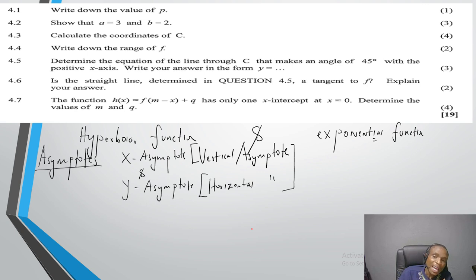But when you look at the exponential function and the log function, they have got only one asymptote, and that is the asymptote of y. So the exponential function has got the y asymptote. Actually, in this video lesson, I want to relax and explain to you these mathematical ideas.